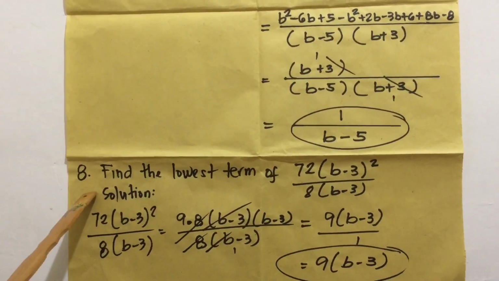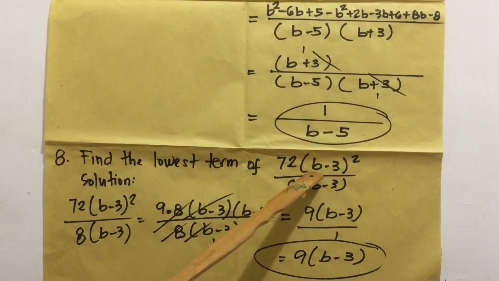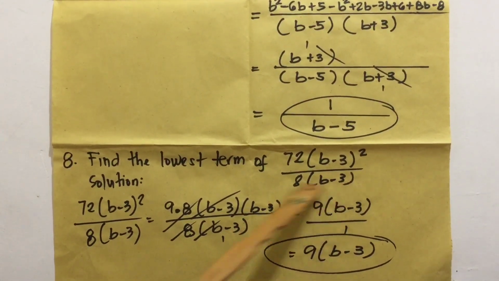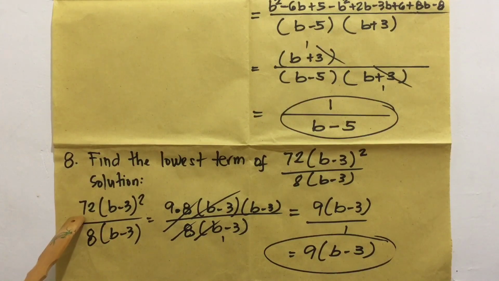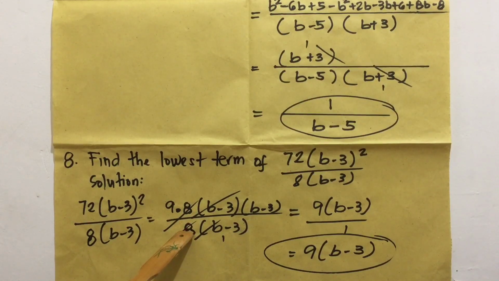Okay, next, number 8. Find the lowest term of 72 times the quantity b minus 3 squared over 8 times the quantity b minus 3. So our solution, copy first the given, and we're going to factor the 72, which has one factor equivalent to the denominator. So the factor of 72 is 9 times 8, and the denominator is also 8, copy, and copy b minus 3 squared, and since it is twice, we also write another b minus 3.